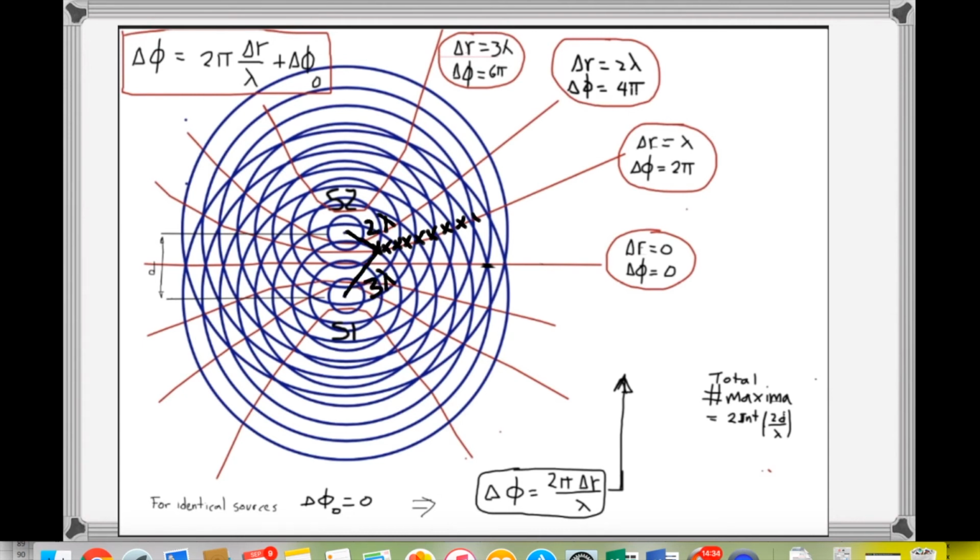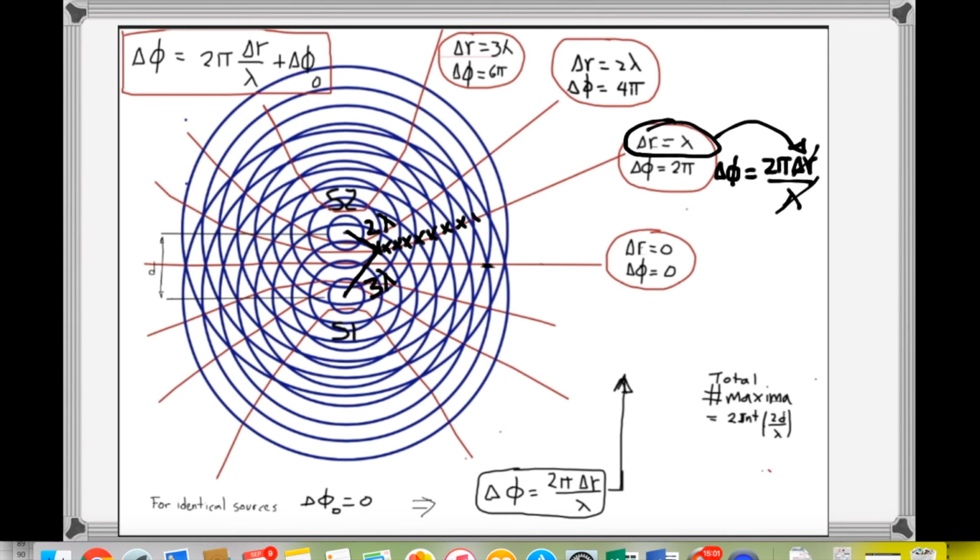The distance from one source is 2 lambda and the distance from the other source is 3 lambda. Therefore, the difference in path length is lambda, which gives us a difference in phase of 2 pi times lambda divided by lambda, which gives us 2 pi. The difference in phase everywhere along that line is 2 pi.